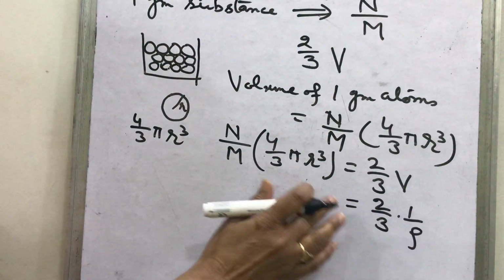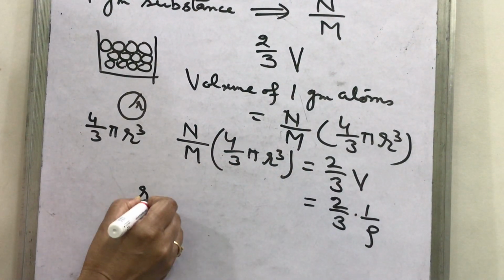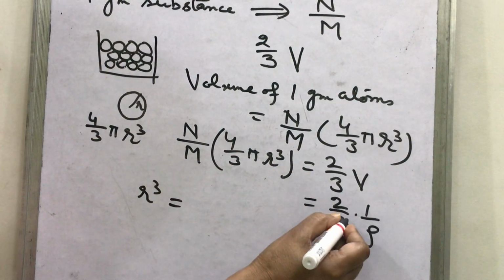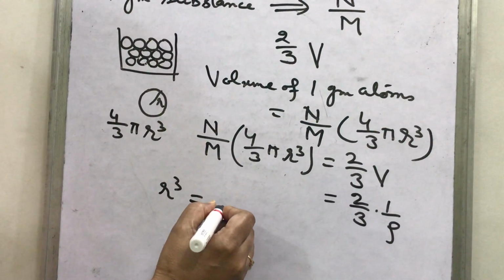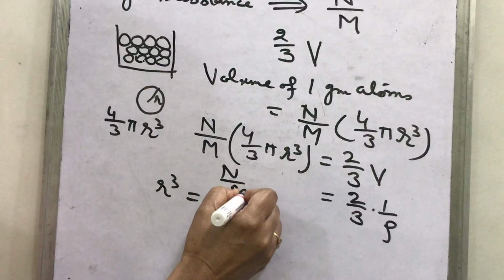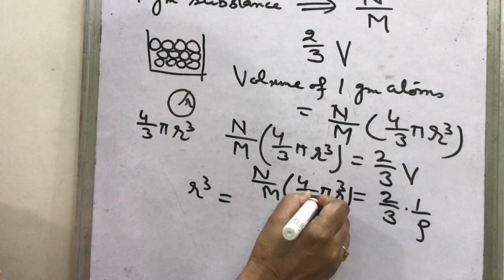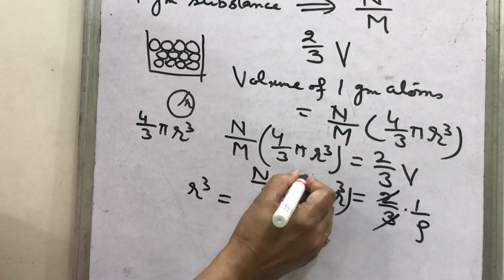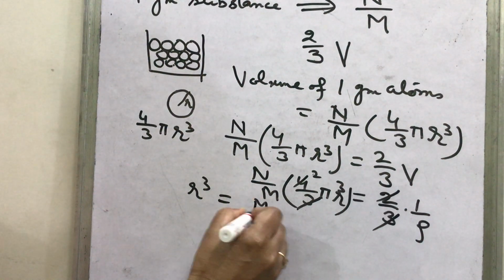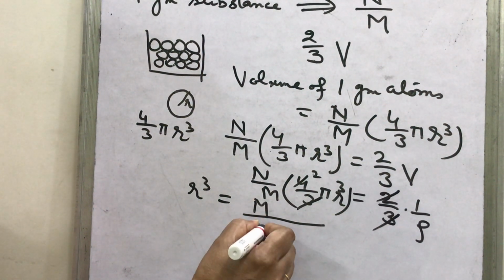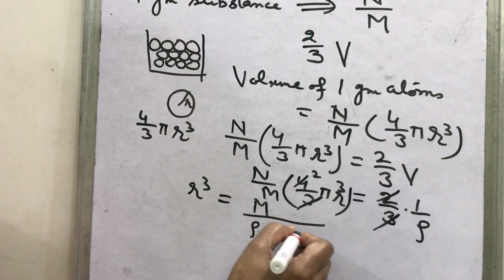Then how will you find the value of r cube? Find r cube here. This 3 and 3 will be cancelled. Then what will you get? r cube equals n by m, 4 by 3 pi r cube, then 3 and 3 cancelled, 2 fours are 8. Then what will be r cube there? M upon rho n pi, and this is 2 into 2.